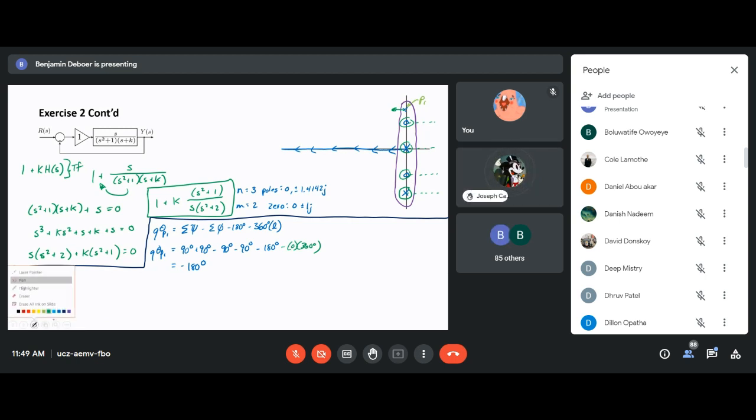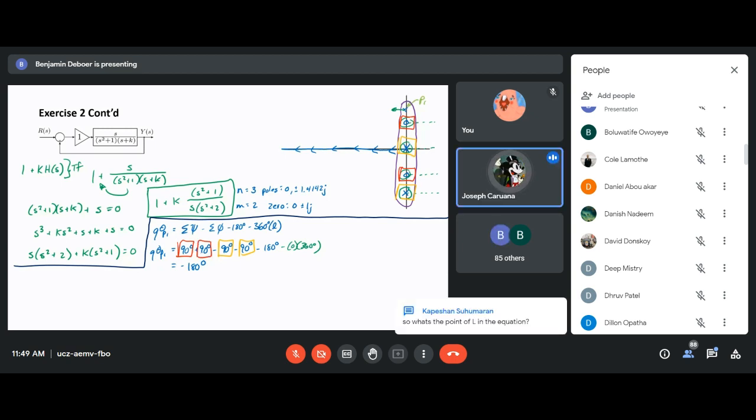So we have one here, which is 90. Here, I'll outline them in a different color. So we have this as our 90 here. We have this one as this 90. And then we have this one as this 90. And this one as this 90. Oh, because we're starting at P1. Okay, that makes sense.